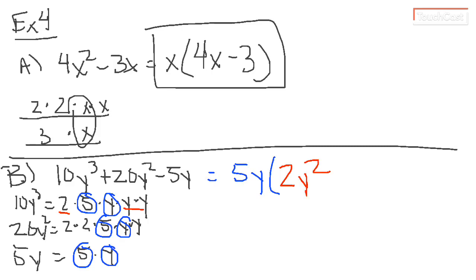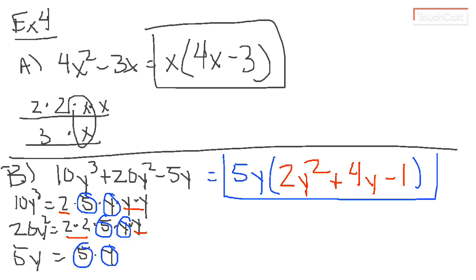In 20y squared, if we take the 5y out, I see 2 2's and a y. So we're going to go plus 2 times 2 is 4y. Now 5y, if we divide by 5y, we're going to be left with a 1. So we reuse the minus sign and we put a 1. So if we factor 5y out of 10y cubed plus 20y squared minus 5y, we end up with 5y times 2y squared plus 4y minus 1.